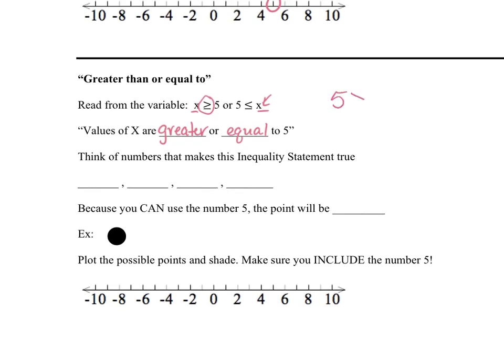Is 5 greater than or equal to 5? Yes. Is 12? Yes. Is 18 greater than or equal to 5? Yes. Is 1,000 greater than or equal to 5? Yes. Because you can use the number 5, the point will be closed and going to the right.